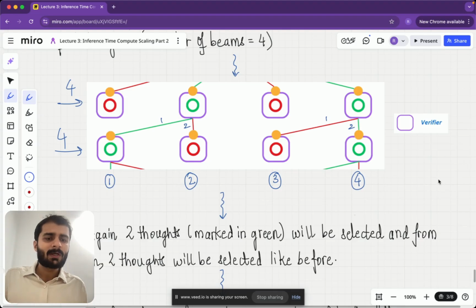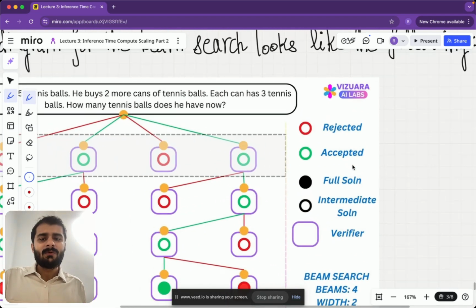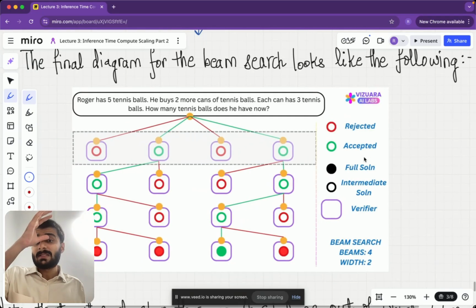Out of these four, because the beam width is 2, we'll select the best two. So probably this got a score of 0.9, this one 0.1, 0.2, and 0.7. After the verifier has scored them, we can see that 1 and 4 have the maximum score. So we'll select 1 and 4. And the process continues. Finally, you get a diagram which looks like this.